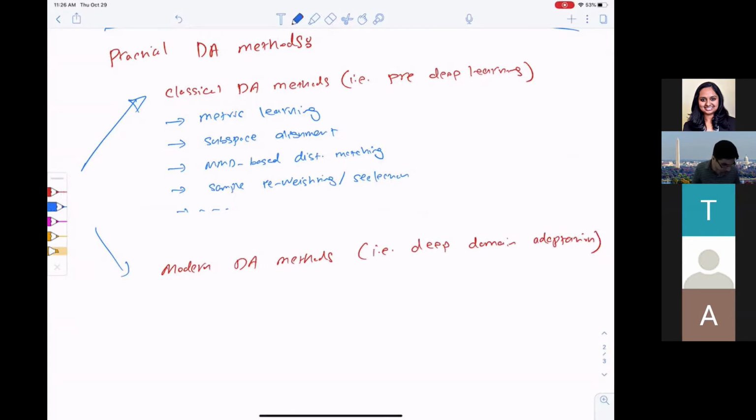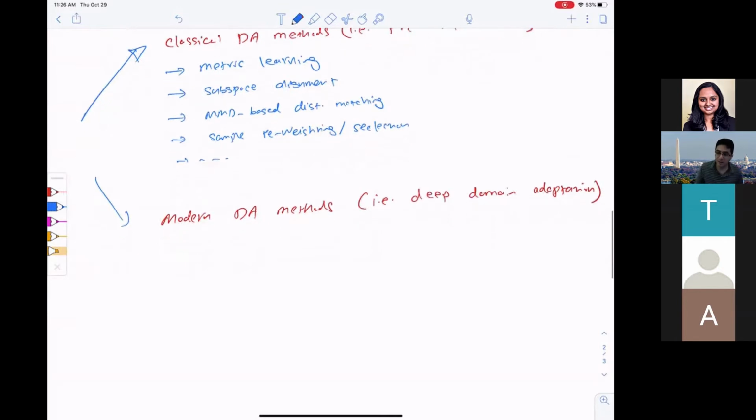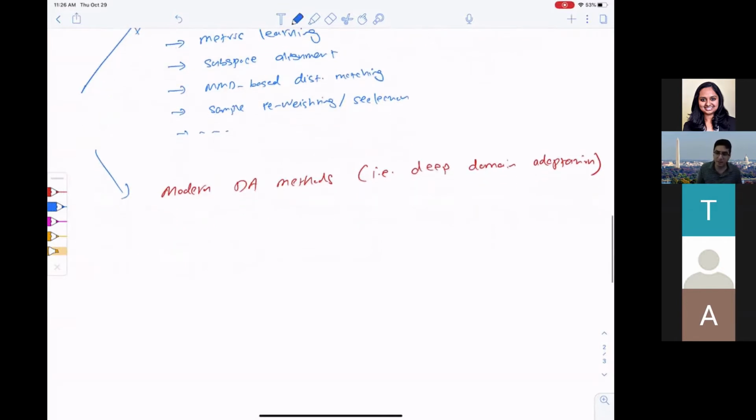So let's start with perhaps one of the first such methods, proposed by Ganin and co-authors.